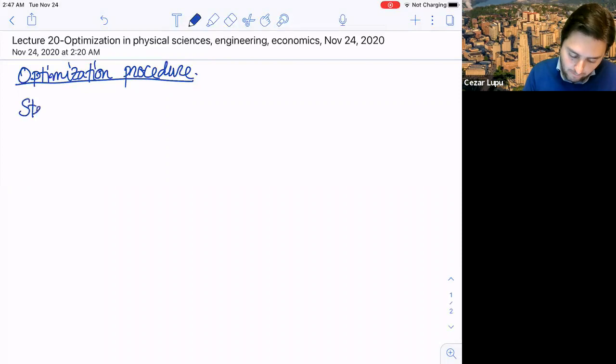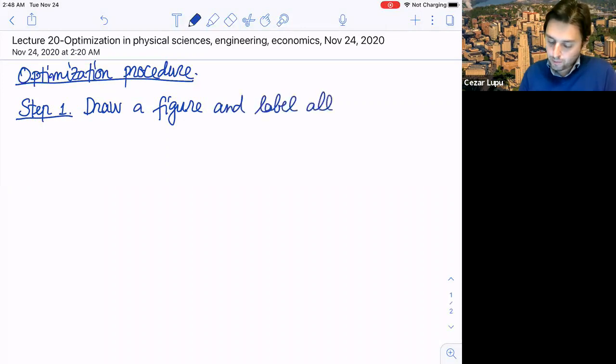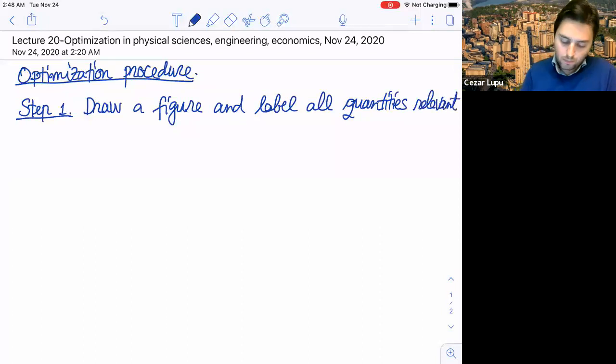Step 1 is to draw a figure and label all quantities relevant to the problem.